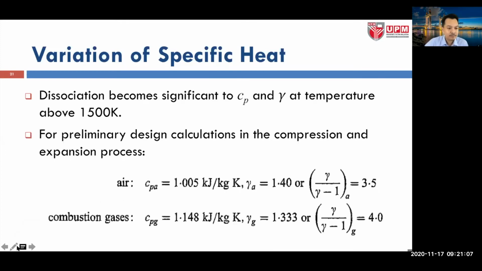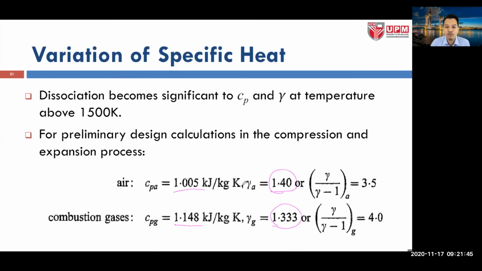For air, we are going to use a specific heat capacity at constant pressure of 1.005. For combustion gases, we are going to use a value of 1.148. While the gamma for air we will use 1.40, while for the combustion gases you are going to use 1.33.